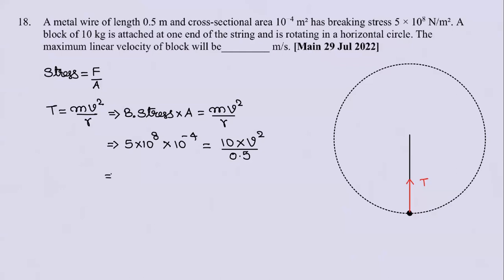Now, for simplification, let us cancel: this 4 and this 10 will be 3 times. So this 0.5 will go there. 0.5 into 5 is 2.5, or I'll write 25 into 10 power 2 under root, because square is there. So velocity v is equal to 50 meters per second. Meter per second is already given. So answer is 50.